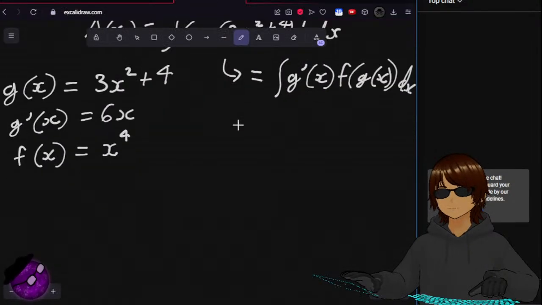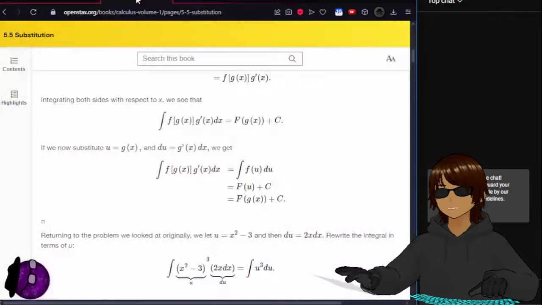So the antiderivative. What is capital F?